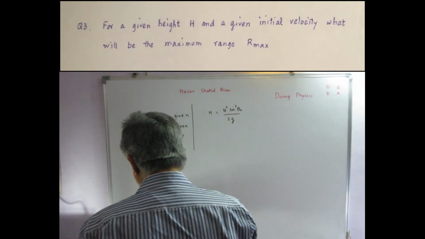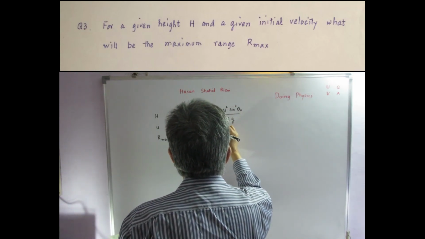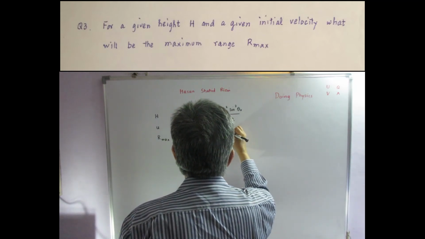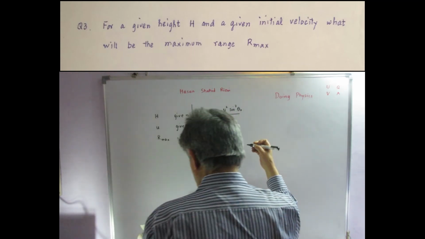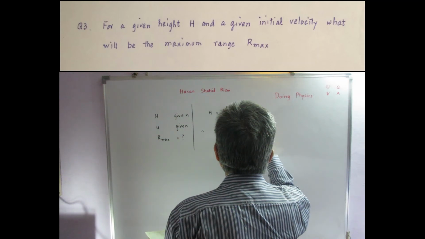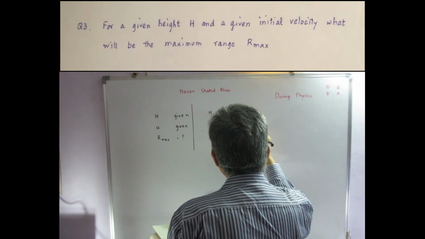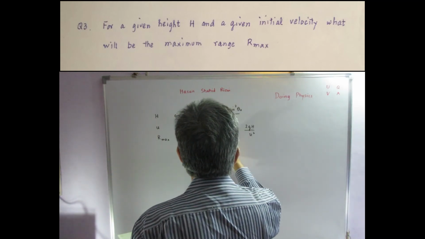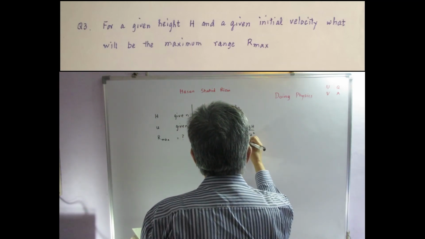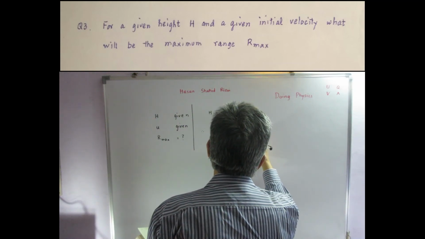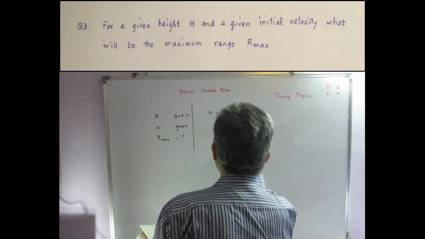So this is the equation from where we start, and from here therefore I can say that sine square of theta naught is equal to 2gh divided by u square, so that sine theta naught becomes equal to under root of 2gh upon u square, like this.